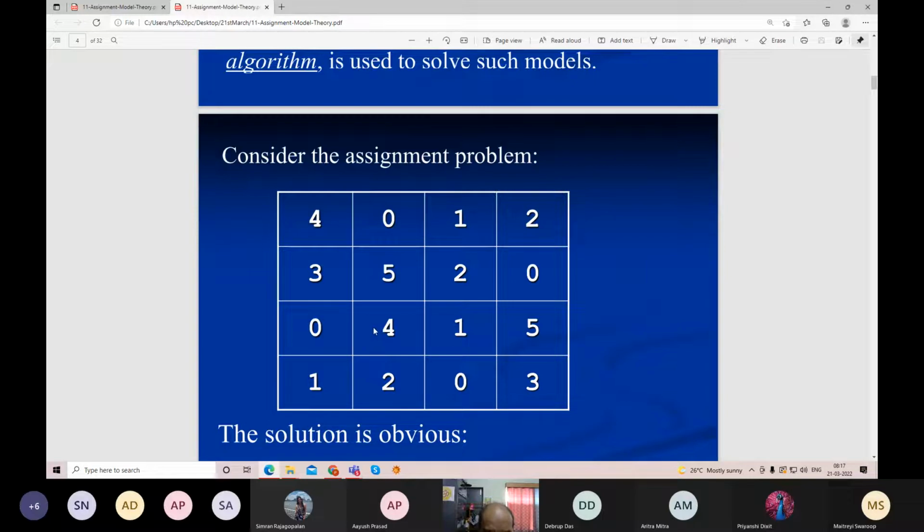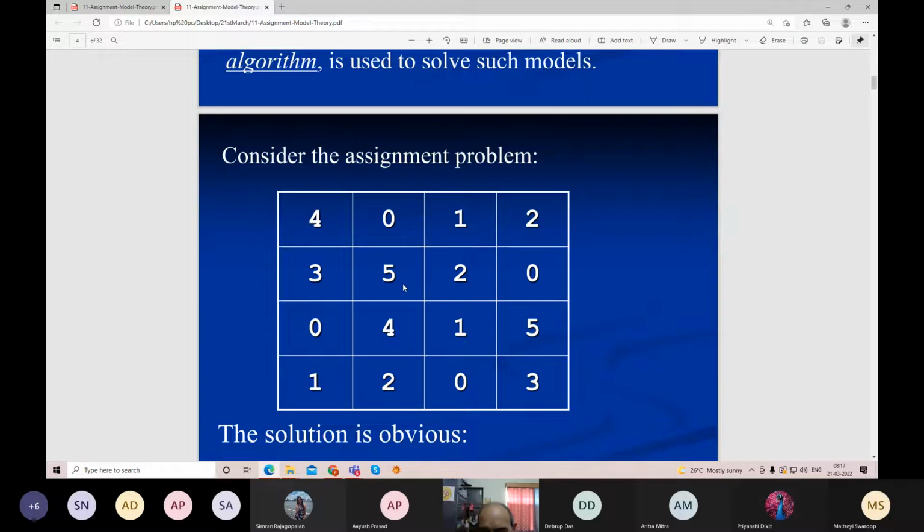See, this 0, it is already mentioned there is a 0. If 0 is not there, we have to obtain 0 by some method. We will discuss that. Now, what is the solution? As I have already mentioned, Cij is the cost.